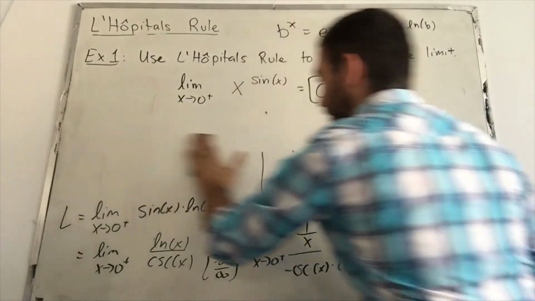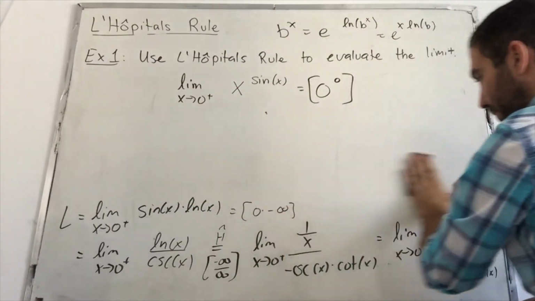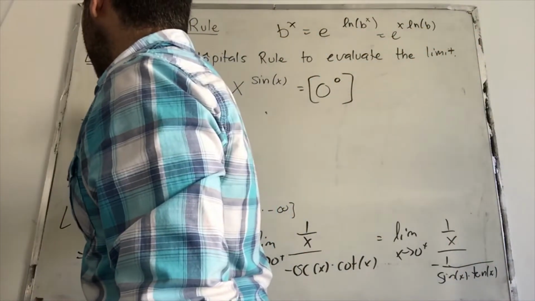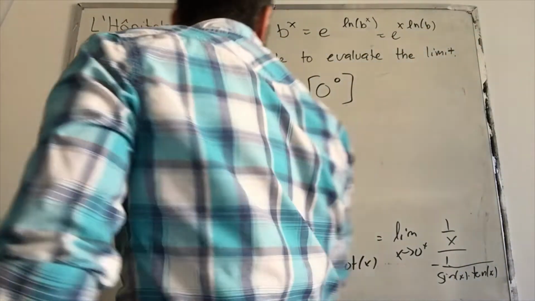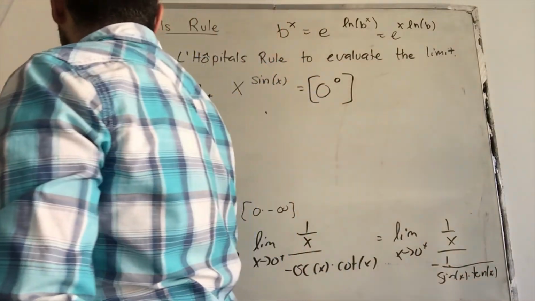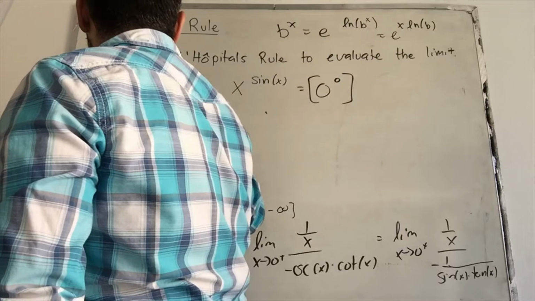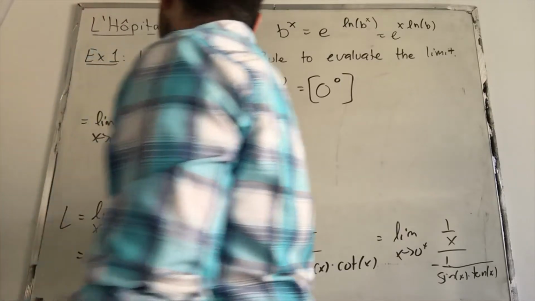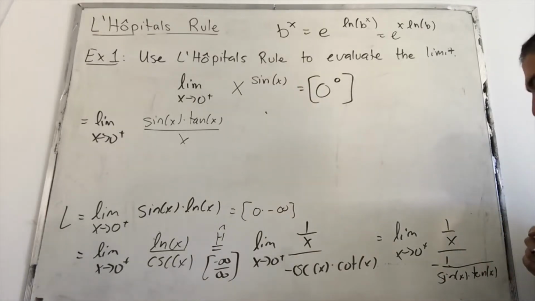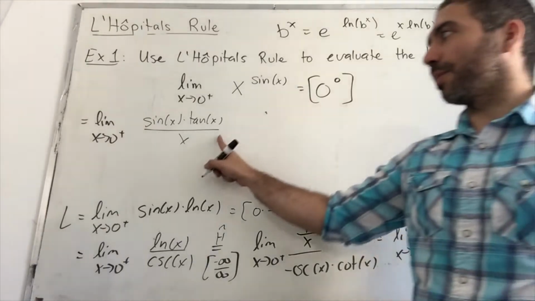Just remember, we're still working on the exponent. We get up here, limit as x goes to 0 from the positive side. I'm going to flip this at the same time, giving us sine x times tan x over x. Right? If we multiply by the reciprocal, this guy comes on top, this is on the bottom. Okay, so this continues up here.